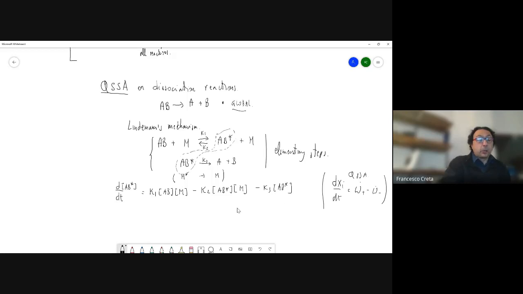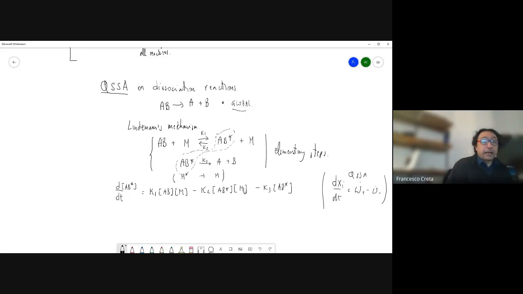Because AB star is an intermediate, and you can see that eventually only AB star chemically dissociates, through this second step, so it actually is an intermediate. M star is nothing, it's just an excited form which then decays by itself. It doesn't split, so that's why we're not keeping the excited version here.